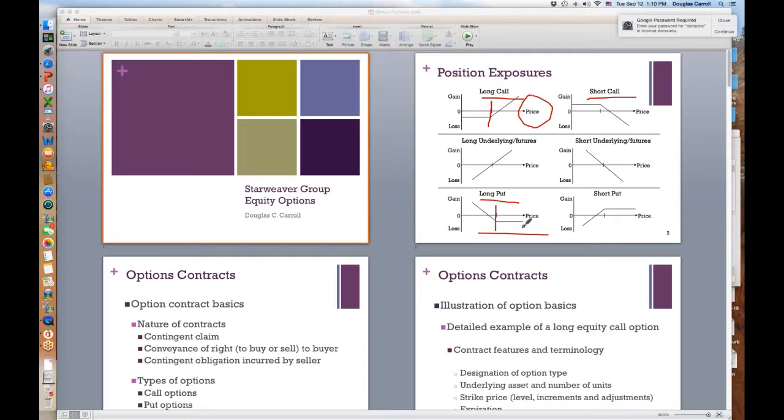For those new to options, imagine trying to grasp the concepts by holding an understanding purely based on words, where every situation you're trying to describe in words has two mirror images. Point being, the words tend to be very confusing.